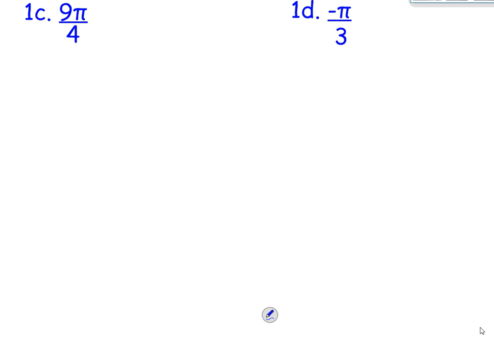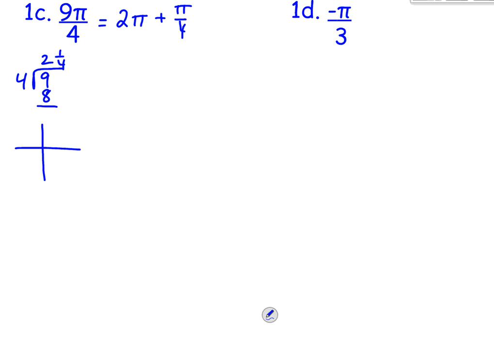So this one is 9 pi over 4. If you think about dividing 4 into 9, that does go 2 times. That's 8 and 1/4. So we can think of this as 2 pi plus pi over 4. And if I graph that, just to get an idea of what's happening, pi over 4 would be right there.